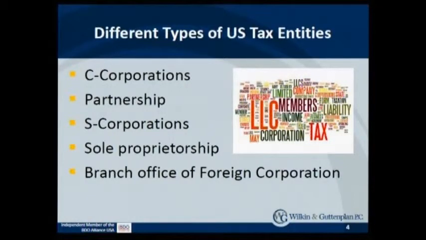So a C corporation is probably going to be the most common vehicle that somebody from a foreign country will use. A C corporation is a corporation where the corporation is really a completely separate, distinct entity. The corporation pays its own tax, and the only way that an owner of a C corporation is going to be impacted for taxes is if there's a dividend or compensation. Basically, that's it.